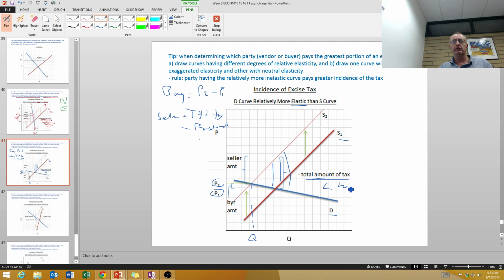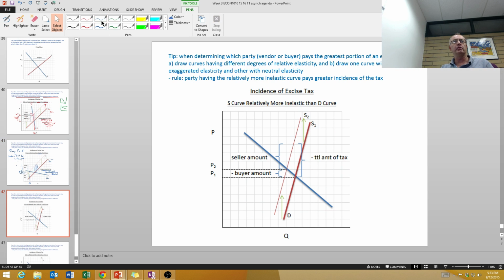The buyer amount is just this little bit here, and so the difference is the seller amount, and we can see from this example that the seller bears the greatest portion of the tax. So when the demand curve is relatively elastic in relation to the supply curve, the supplier picks up the biggest portion of the tax. And then in the next example, I have kind of a neutral demand curve.